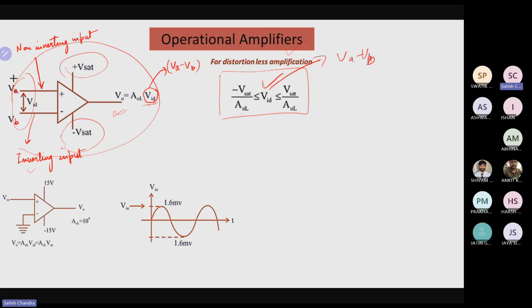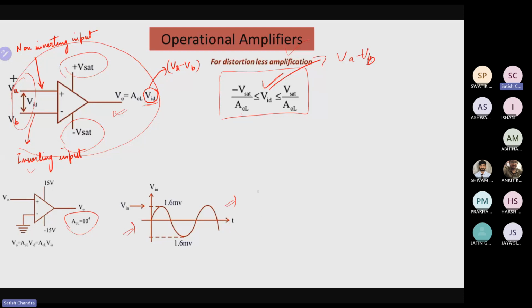So it should be in between these two constants. Now look into this. Let's say we have an open loop gain of 10 to the power 4, and a supply voltage of plus minus 15 volts. If we give the input like this, what should be the value of the output?